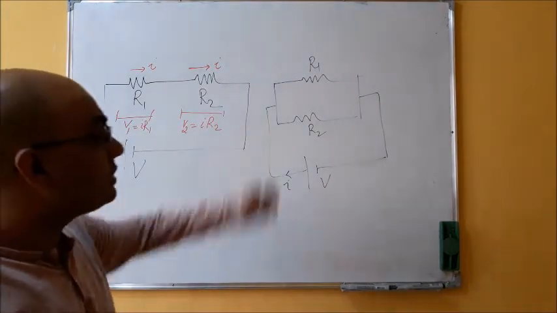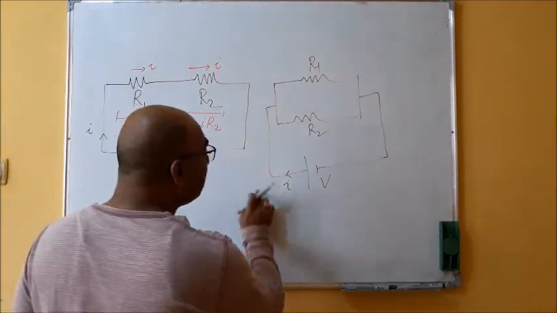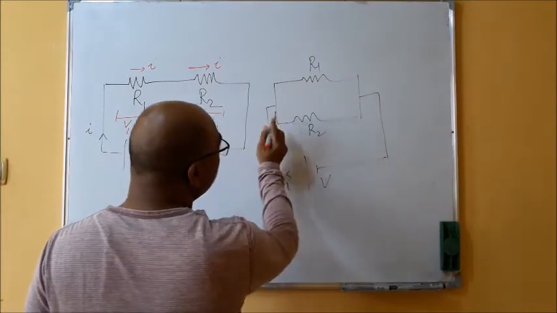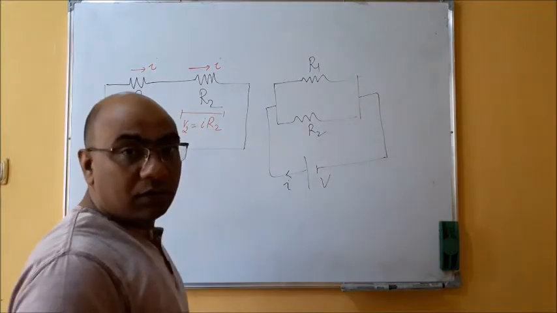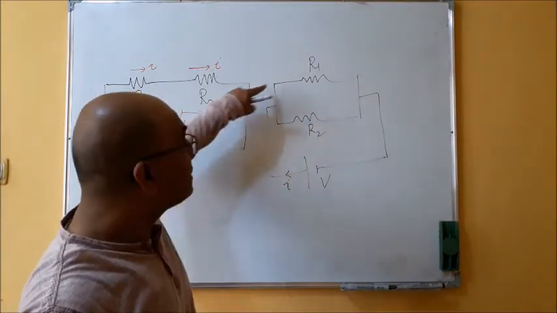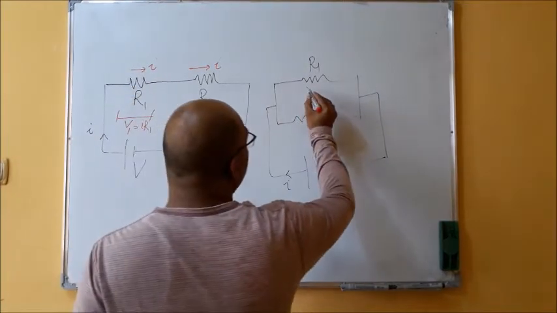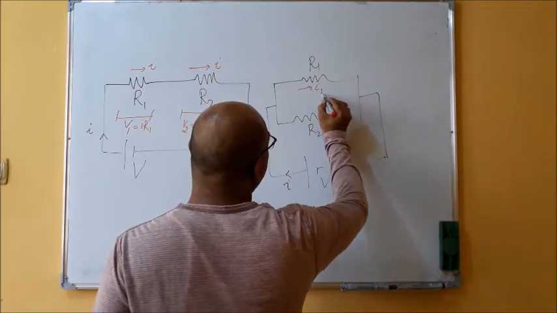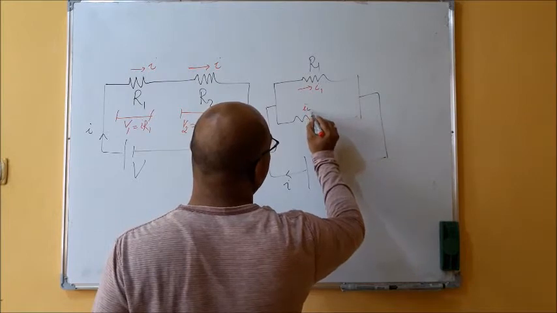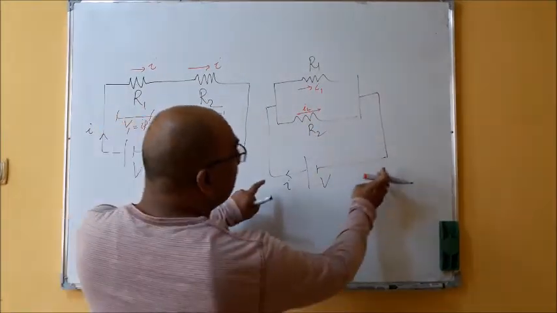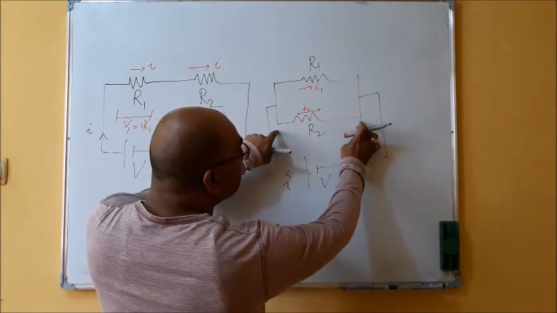For the parallel circuit, when current is going in this circuit, what will happen? At this point there are two branches, one on the R1 side and one on the R2 side. So the total current will be divided. And if you see, these two terminals are the same as these two terminals.